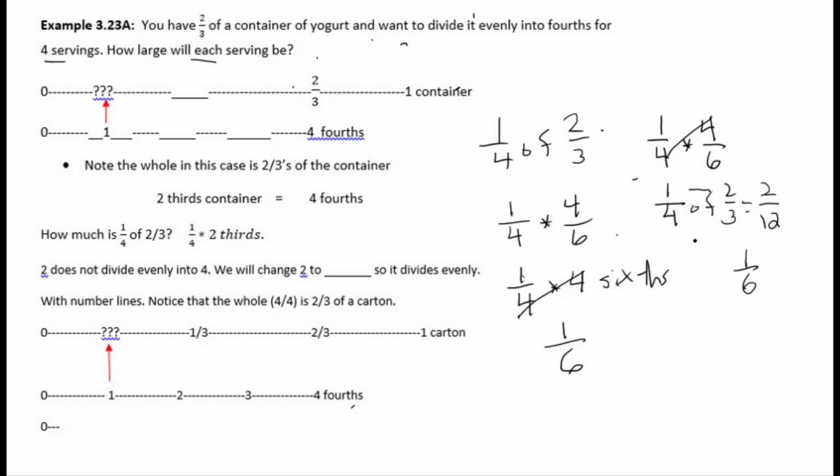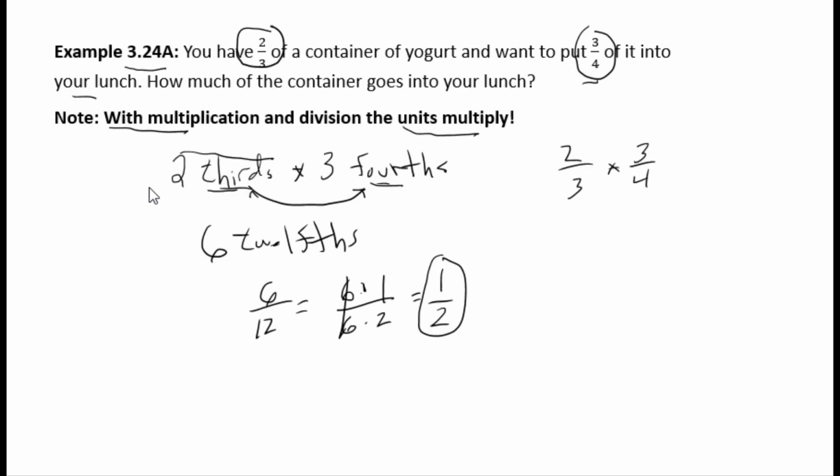So it looks like the shortcut here is just multiplying the numerators and then multiplying the denominators. Or if you want, you can reduce first, right? And for the one we just did, we really have 2/3 times 3/4. And we just wound up multiplying the numerators and then multiplying the denominators.